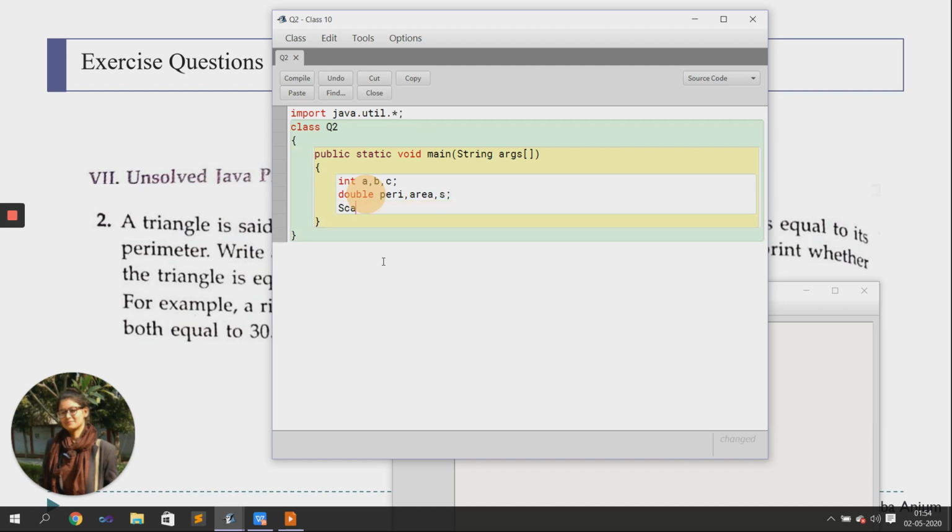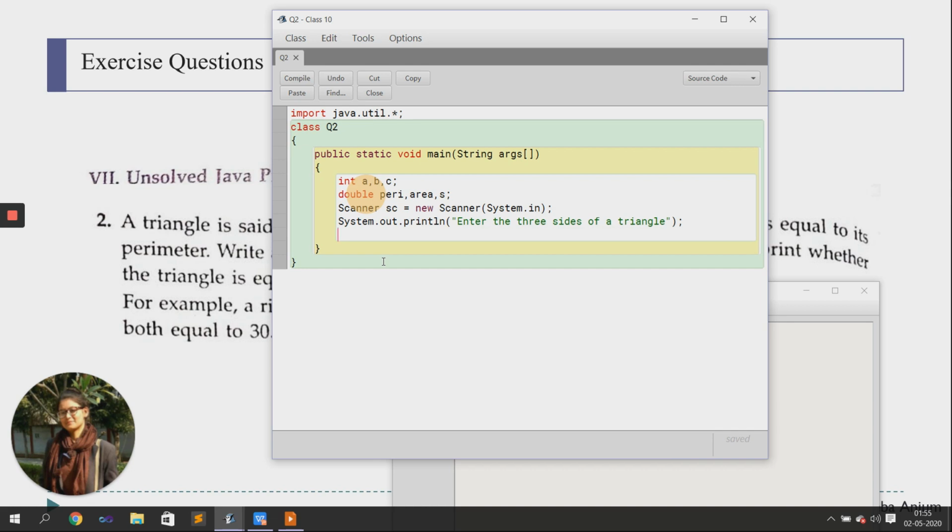Now make an object of Scanner: Scanner sc equals new Scanner in brackets System.in. Then System.out.println, enter sides of a triangle.